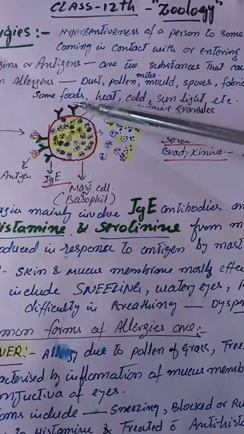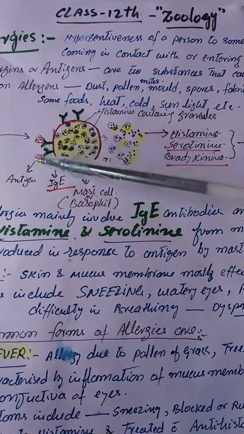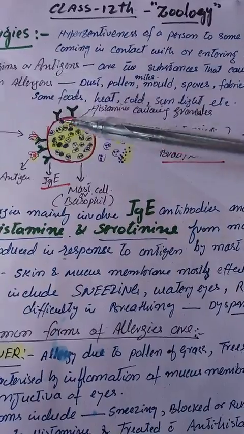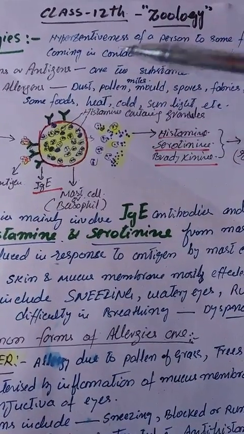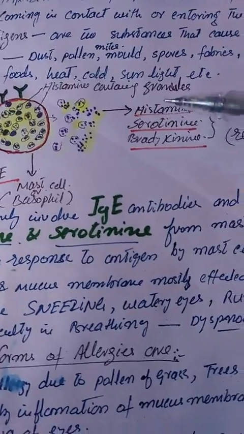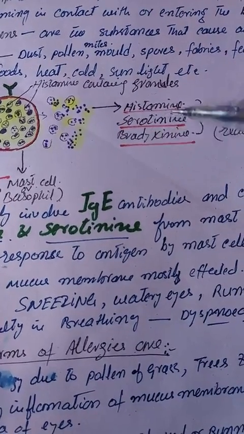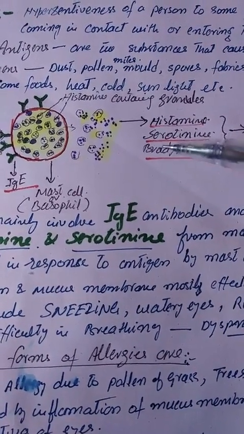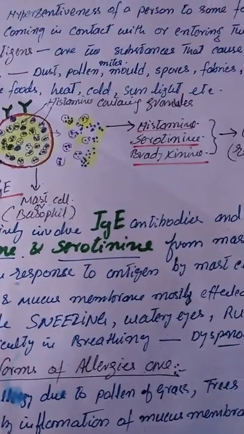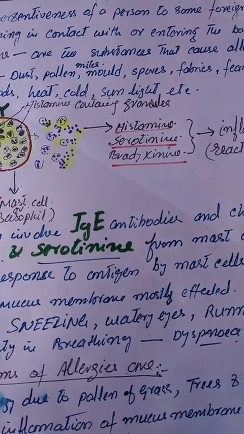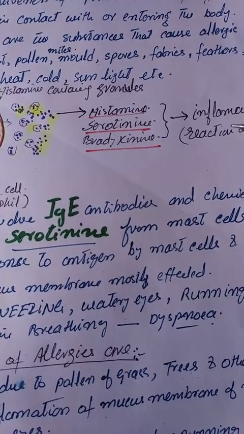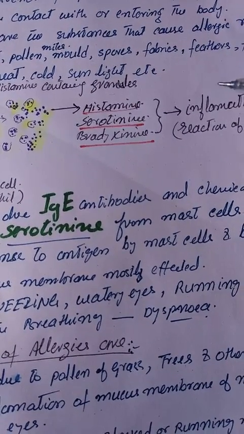As a result of this antigen-antibody reaction, these mast cells burst and release various chemical substances such as histamine, serotonin, bradykinin, etc., which in fact trigger the inflammatory reaction. And inflammation, we know, is basically the reaction of a living tissue to an injury.